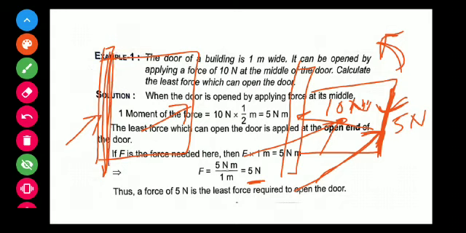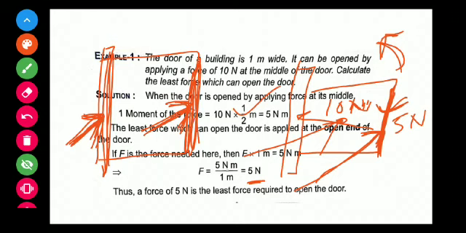You find that we need greater force to open the door or close the door if we apply a force at this point, and we need less force if we apply a force at this point. This is your numerical, and if you perform this experiment at home, you will definitely get the answer.